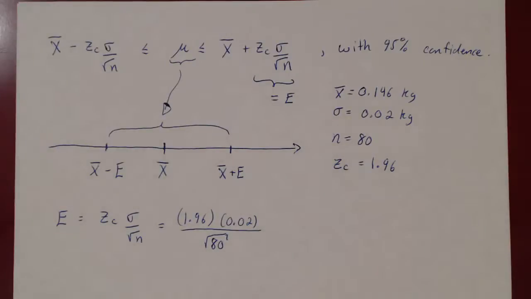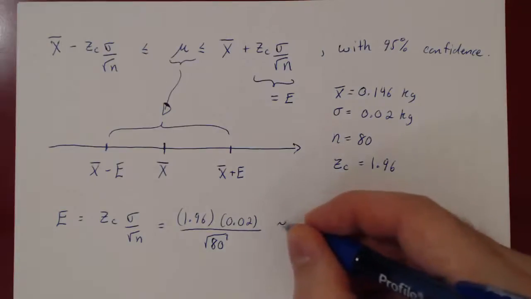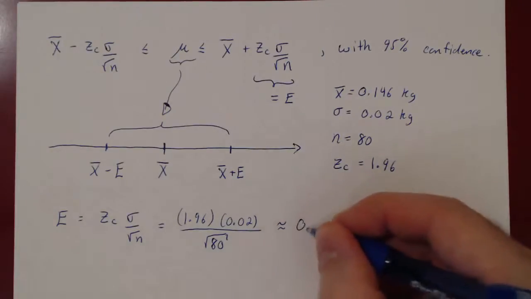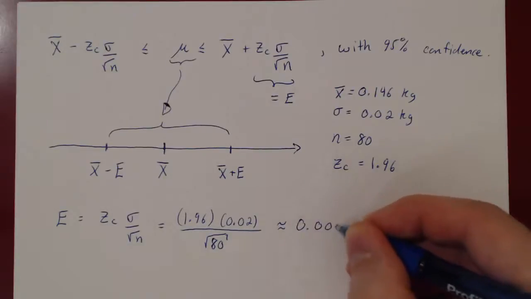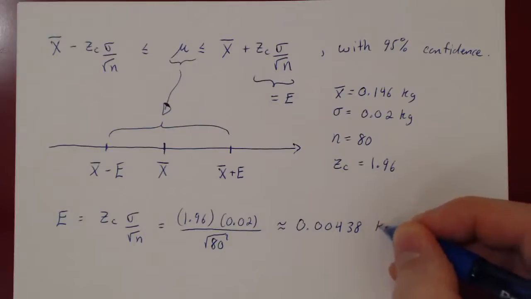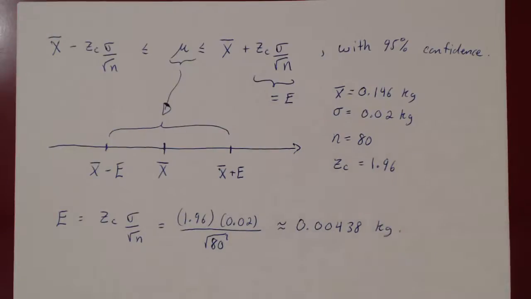If you use your calculator to compute this, 1.96 times 0.02 divided by the square root of 80, and we'll round to the fifth decimal place, we'll get 0.00438 kilograms, and that's our error.